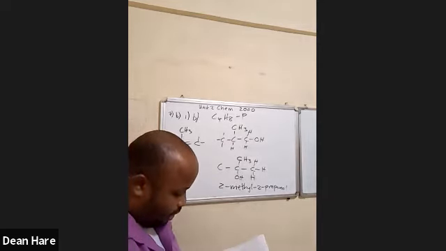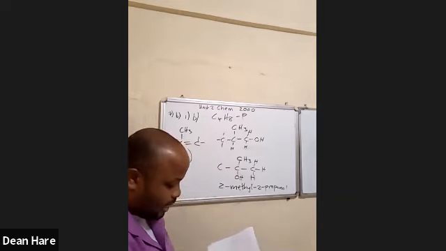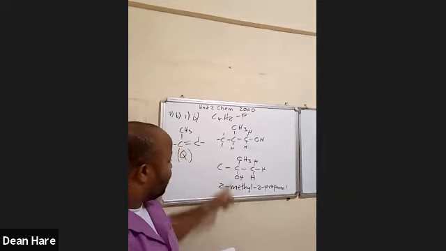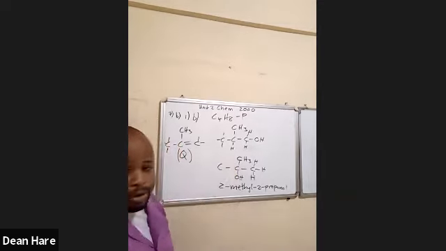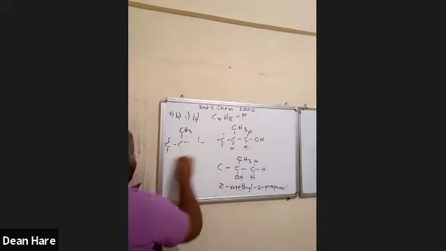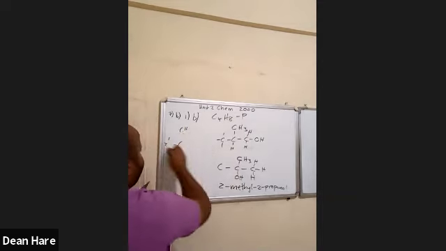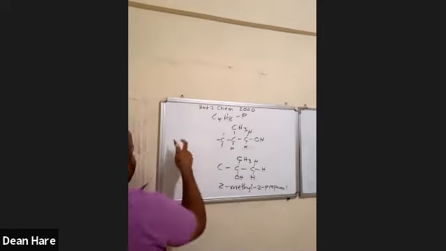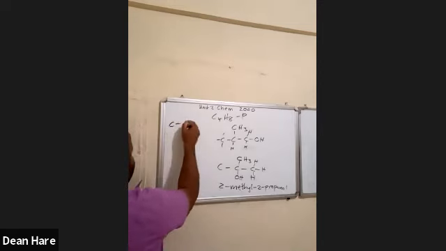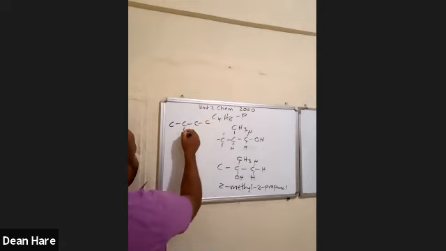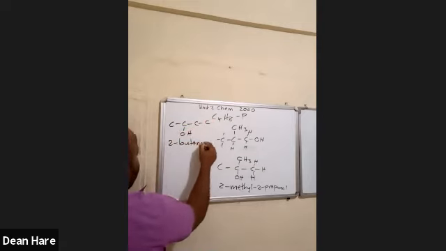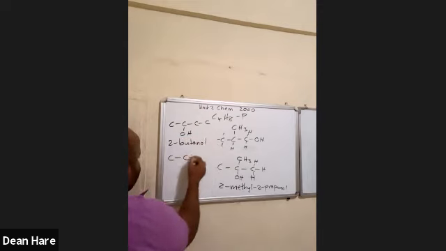Then the next question asks us to draw isomers for C4H10O. We already have two of them on the board, which is 2-methyl-2-propanol and 2-methyl-1-propanol. So the next two isomers would be 2-butanol and 1-butanol.